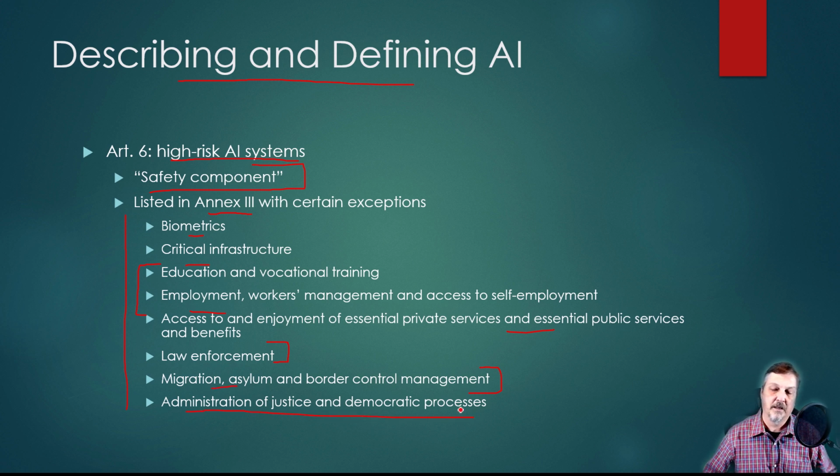And then other things that we would think of in the U.S. as government due process, administration of justice. You'll notice when you look at these definitions that these categories can be expanded, and it's anticipated that the role of the national and EU-wide AI authorities will be in looking at and potentially expanding those.